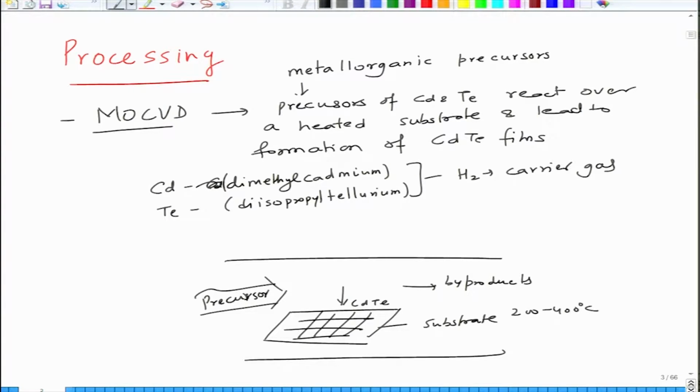This is a very useful process, and it gives you columnar grains with a grain diameter of about 1 micron or so.